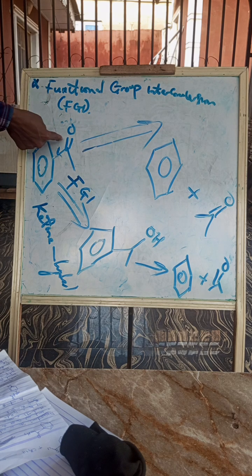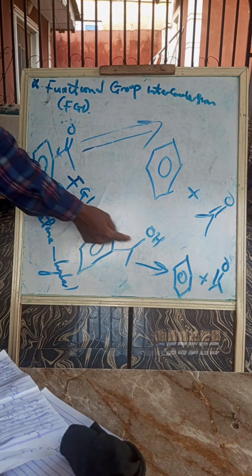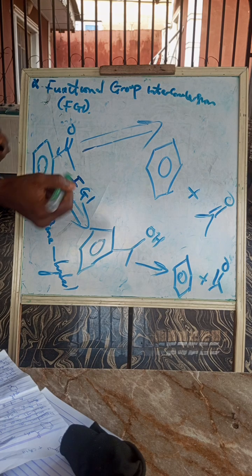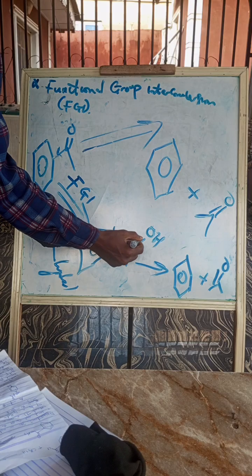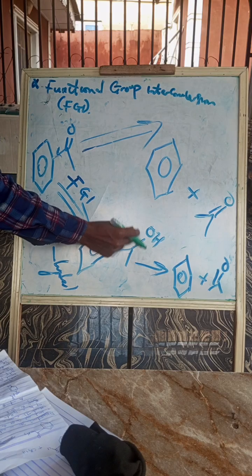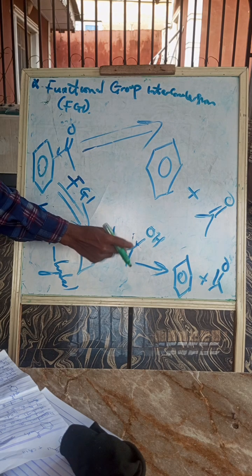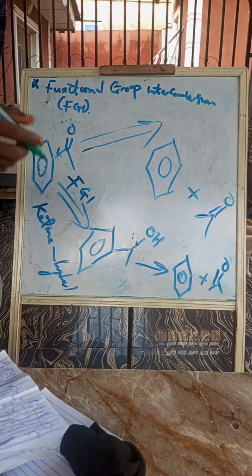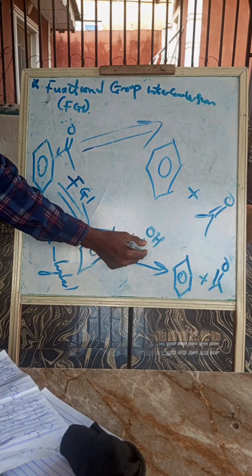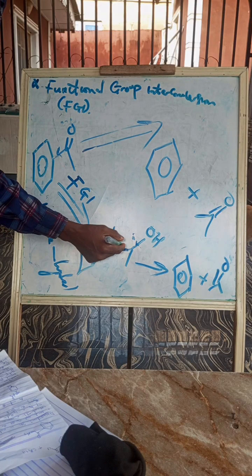First of all, we interchange the functional group, then after the interchange, we later cleaved. And another thing is that we have some conditions where some people can cleave from here, another person can cleave from here, another person can cleave from here.